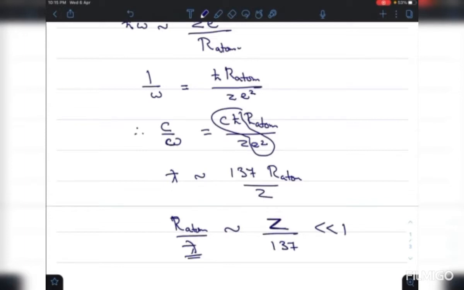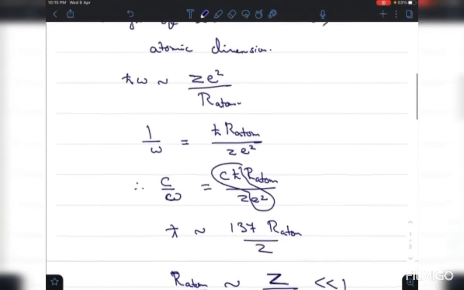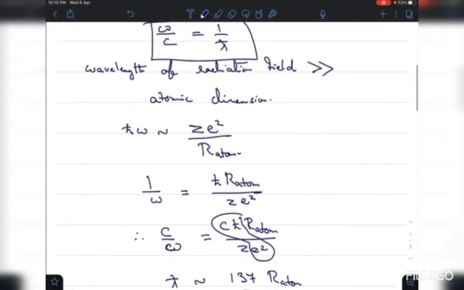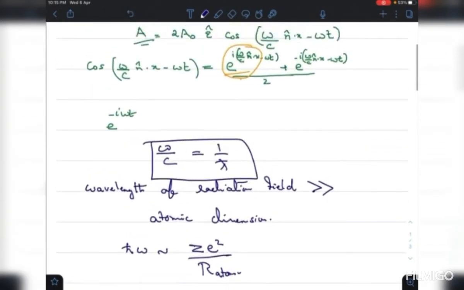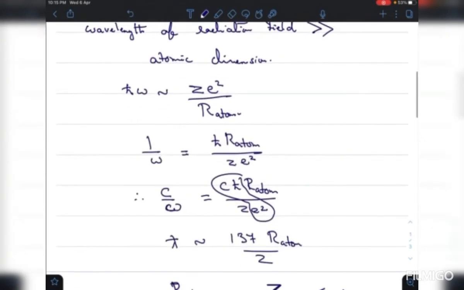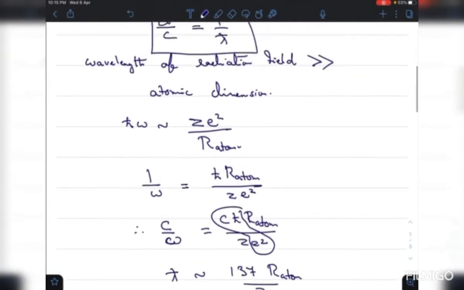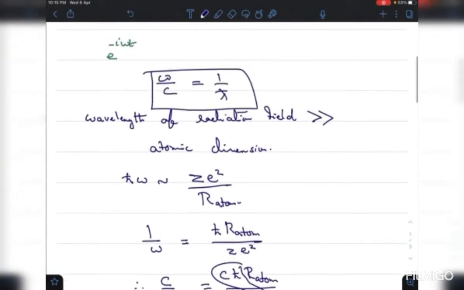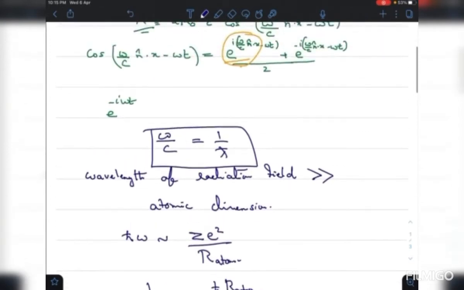If that is the condition, then what happens to e raised to i omega by c n dot x? What is omega by c? It is 1 by lambda bar. When lambda bar is very much greater, this value will be very small. So e raised to i omega by c n dot x will be very small.